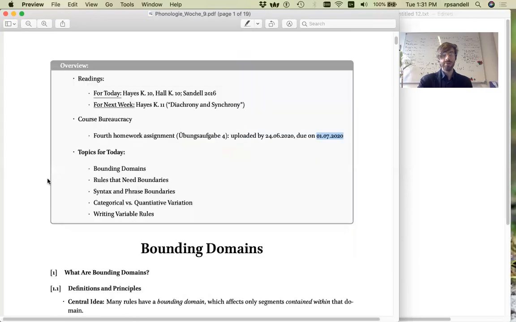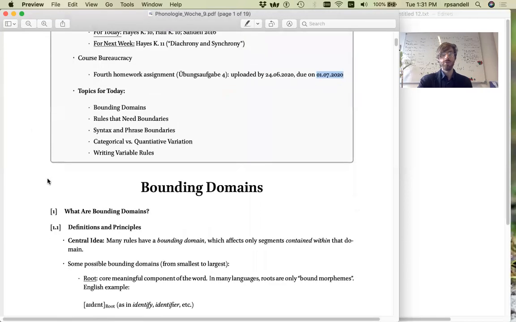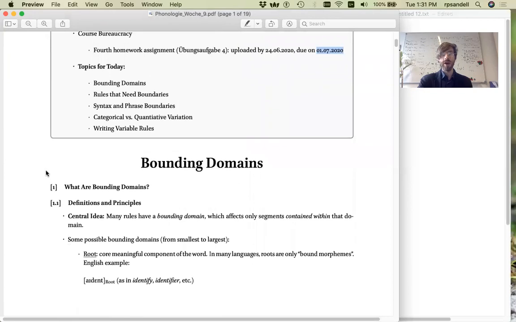Good, so let's come then to bounding domains. These so-called bounding domains serve to use either morphological or syntactic information to establish a range in which a phonological process can apply.